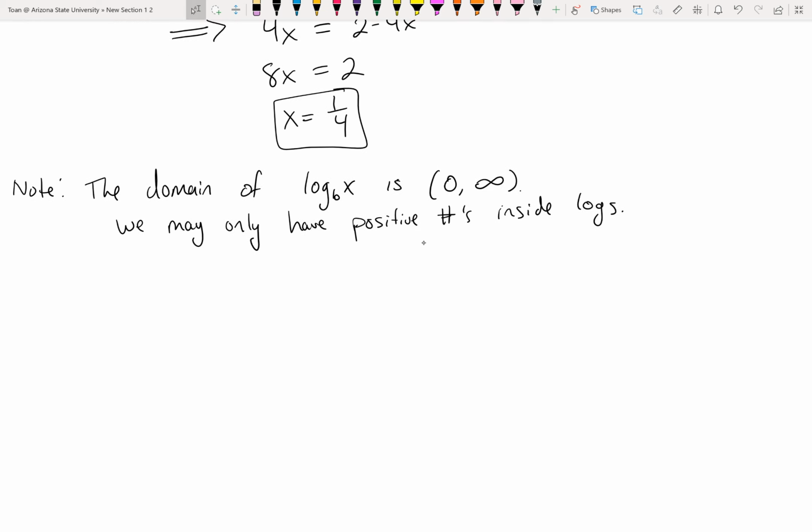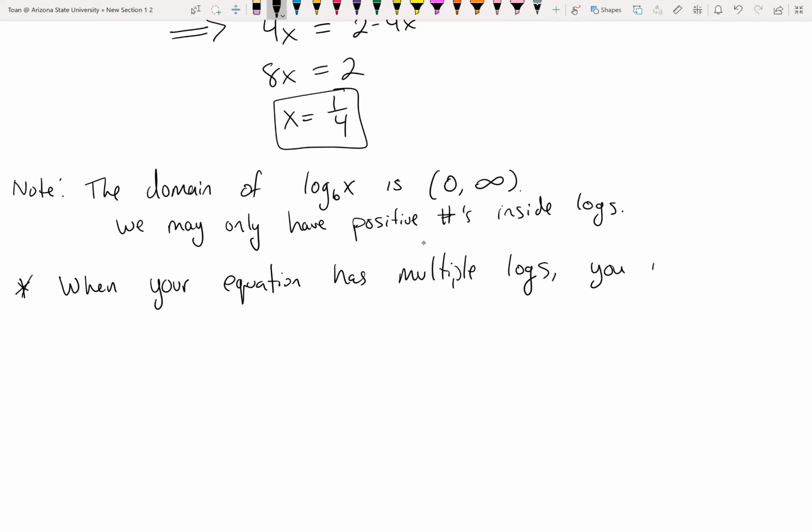So what, you say, what does this have to do with solving? This means when your equation has multiple logs, as in our previous example, we had 2 logs, one on the left, one on the right, you must check your answers.